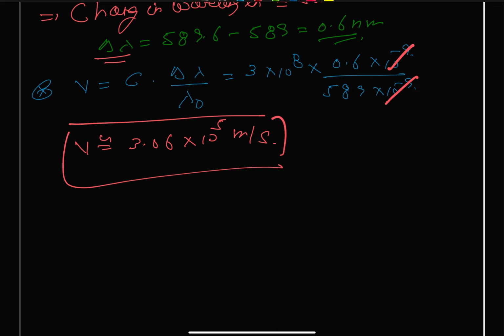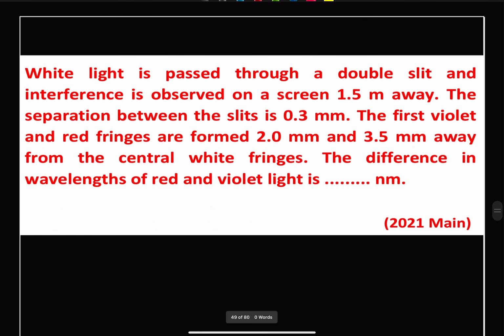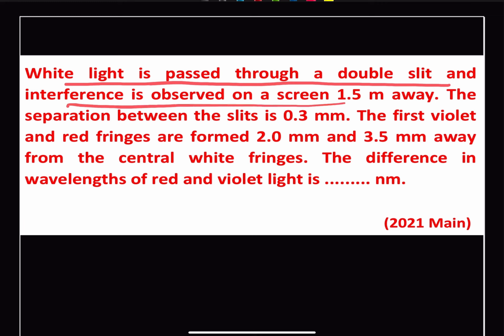Next question, and it states that white light is passed through a double slit and interference is observed on the screen 1.5 meter away. The separation between the slits is 0.3 millimeter.